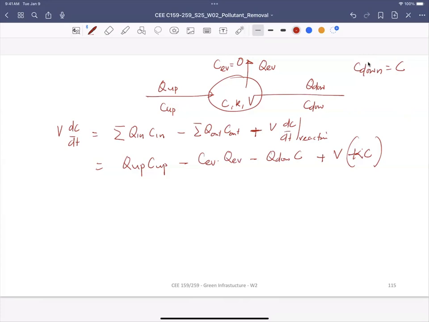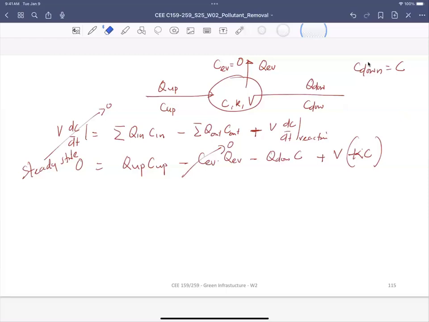When you put in these values, for a steady state, the concentration doesn't change over time. That means the net change in the system is 0. And the concentration is 0 for evaporation, since no pollutant leaves the system through evaporation.